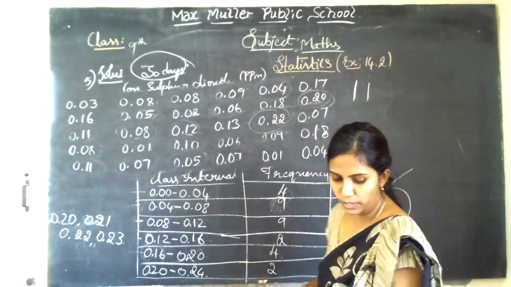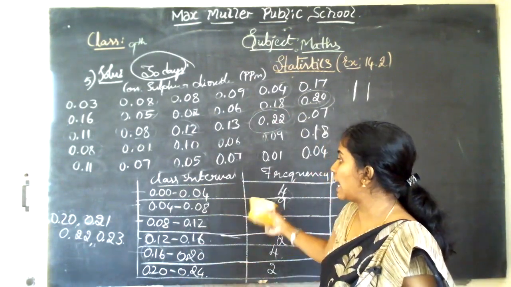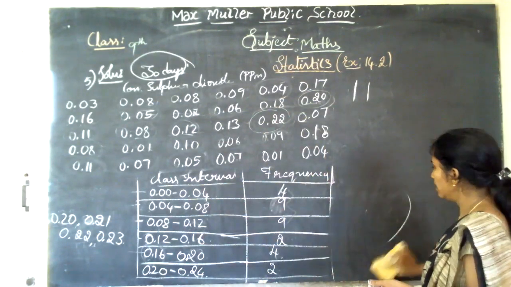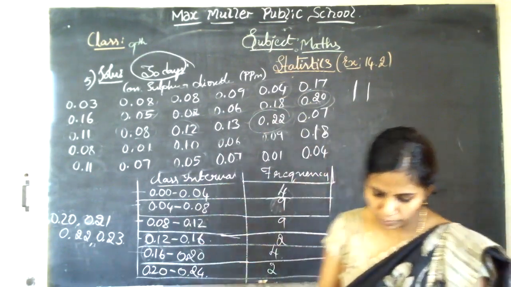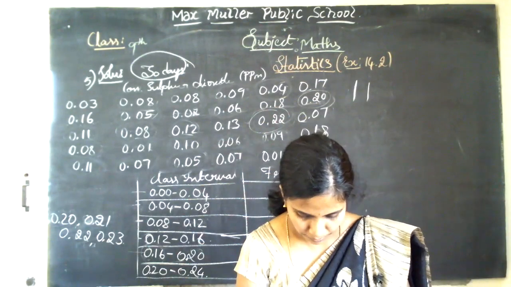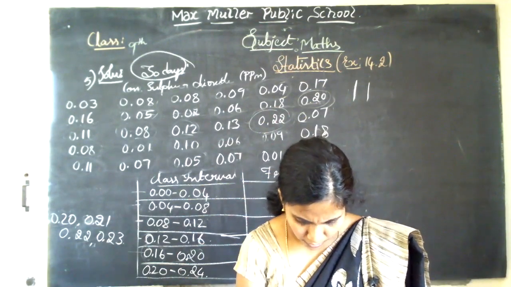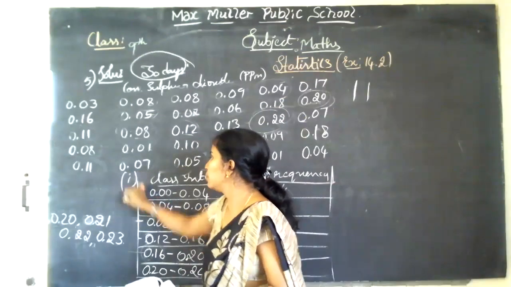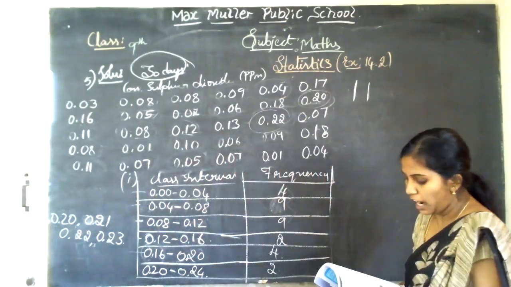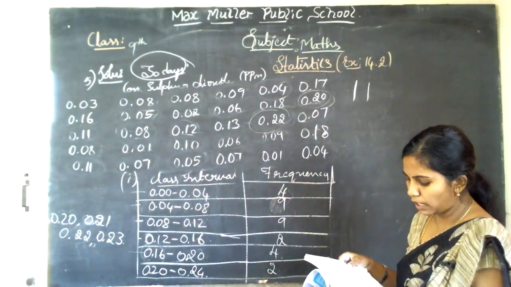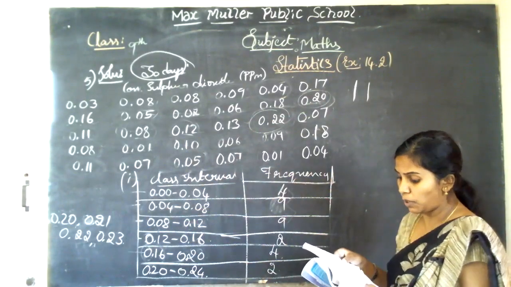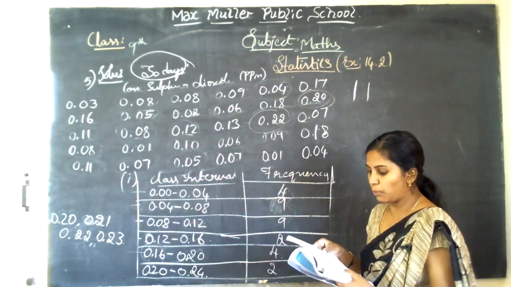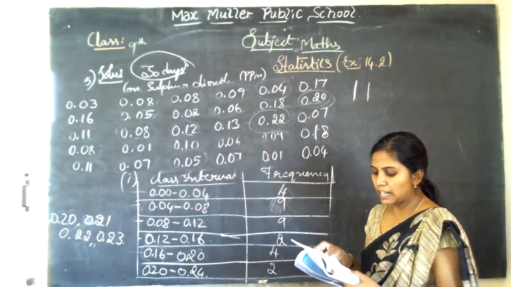So what we have to write? We have completed the class intervals by using the frequency table. We have written the frequency table also. And what we need to find next? In the first one we have completed. What we need to find is for how many days the concentration of sulfur dioxide was more than 0.11 parts per million.